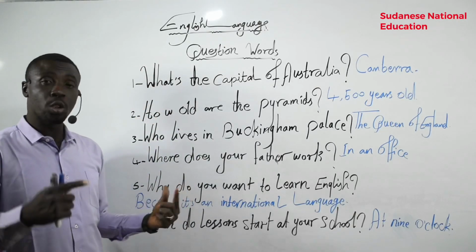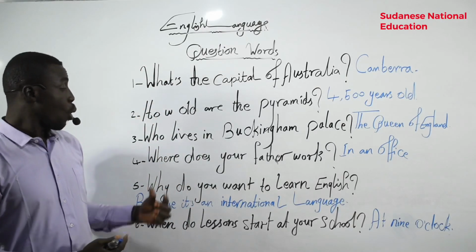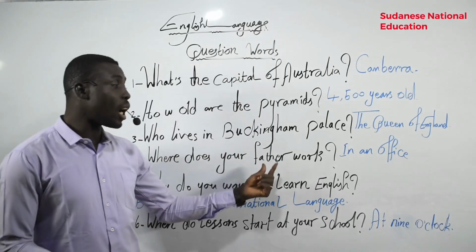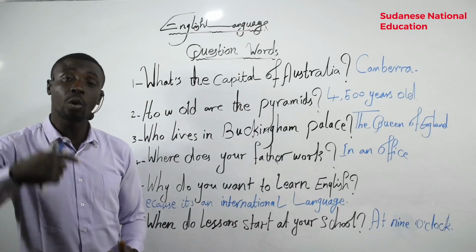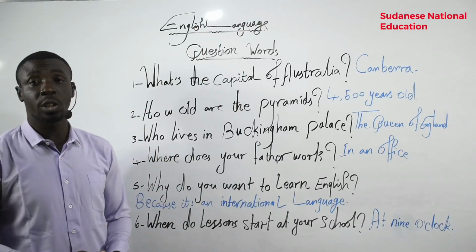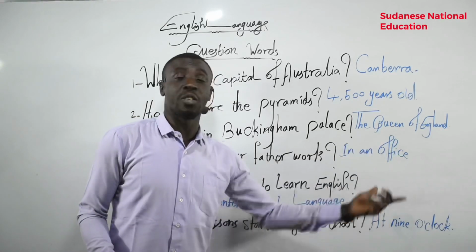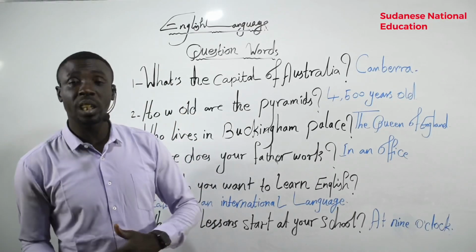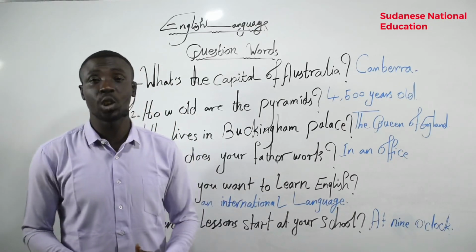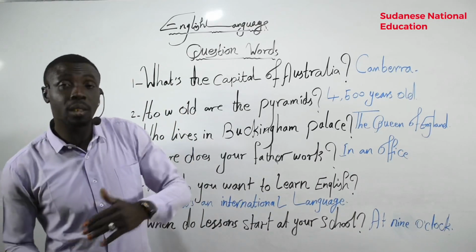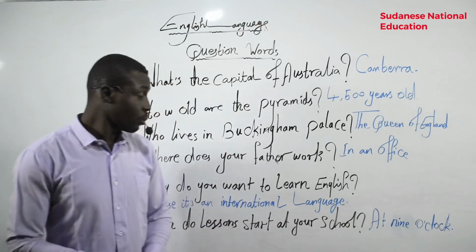Where refers to the place. Where does your father work? We want information about the place where your father works. He works in an office. For example, in the center of town, he works in an office.